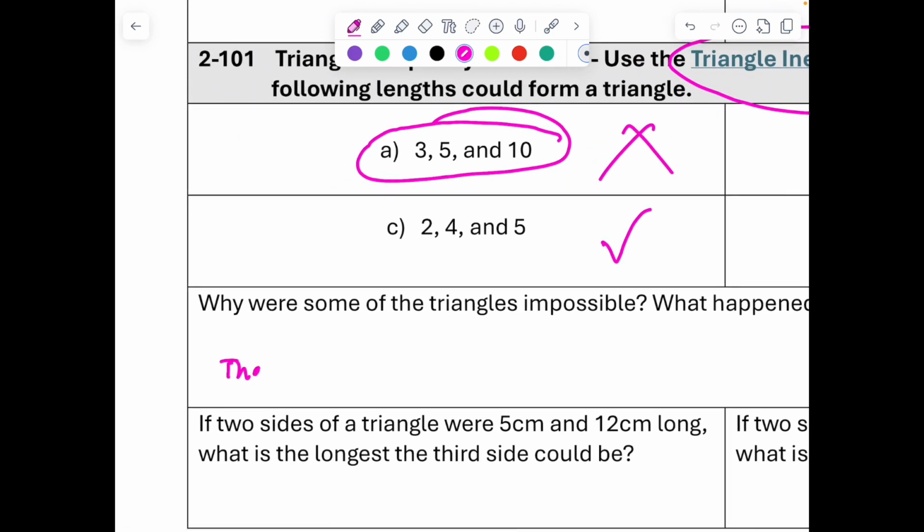The longest side, okay, the sum of the two shortest sides.